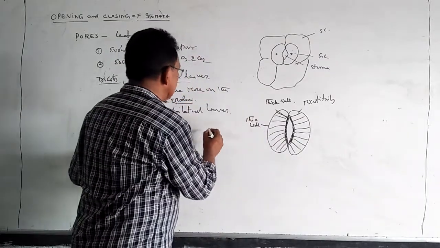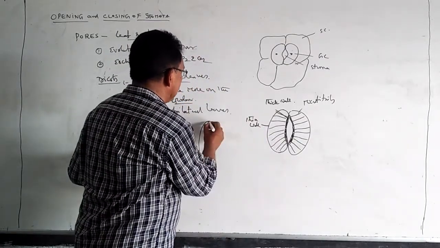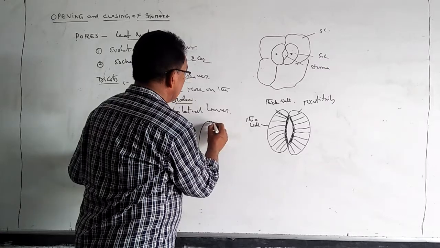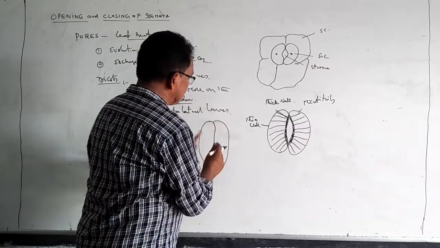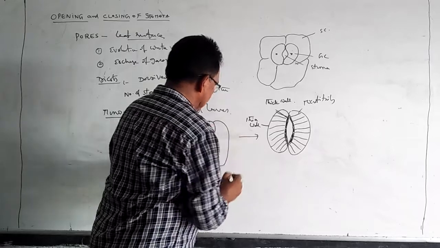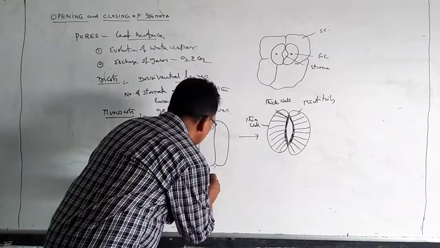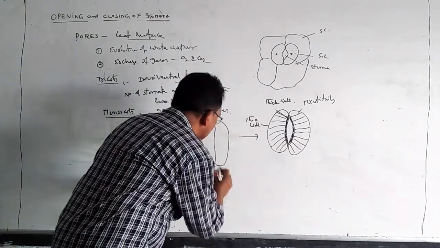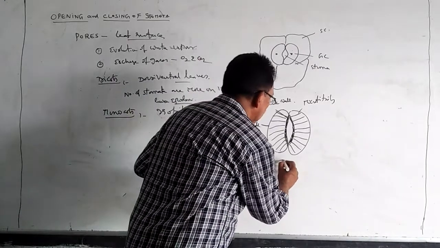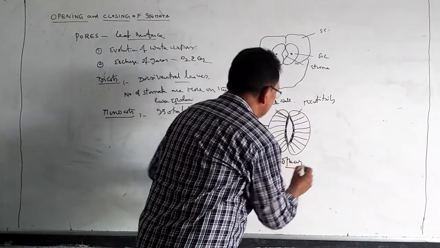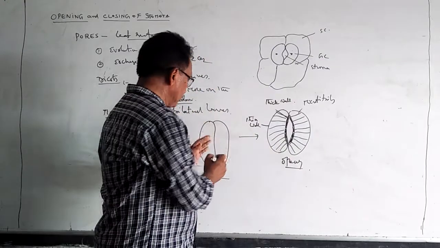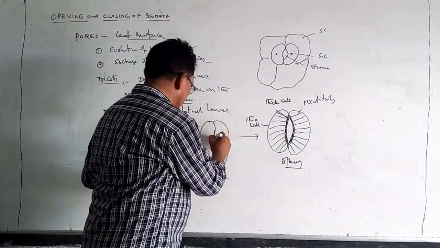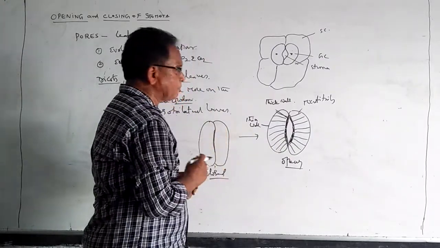Suppose when the stomata are in closed condition, both the guard cells appear like this. This is the closed condition of the guard cell, and this is the opening. The stoma is closed here.